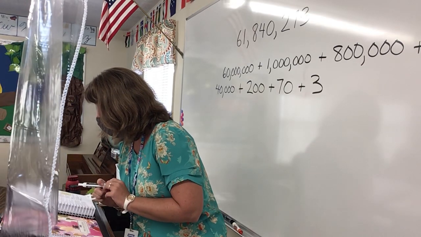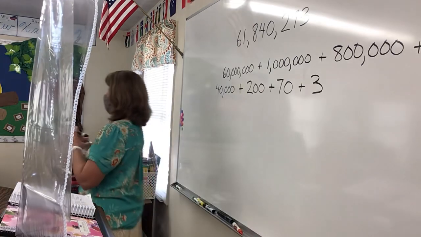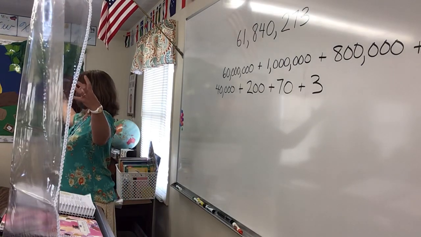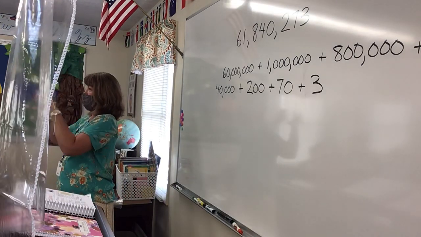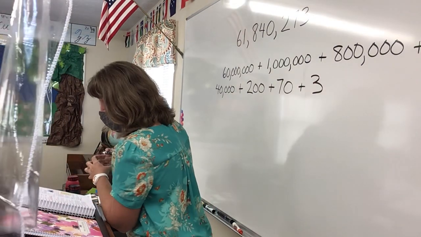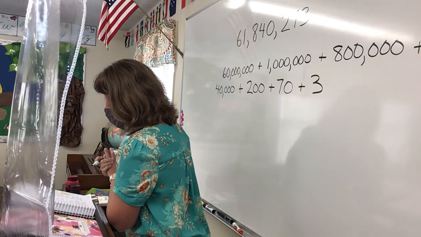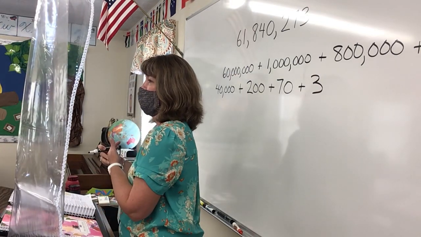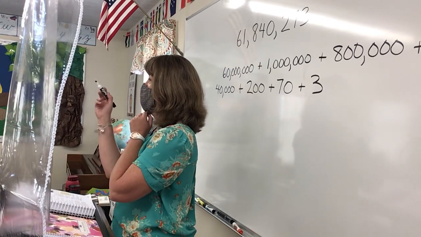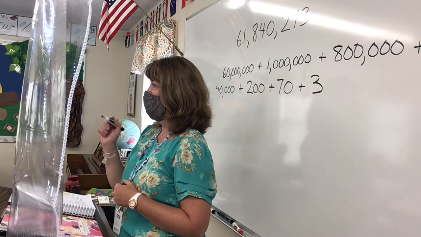Now, directions say write the number in standard form. So now they give us the big part, the big value, and now we're going to shrink it down to the standard form. Okay. So for number 7, do I have a volunteer that could tell us the number, and tell us the order of the digits and where to put the commas?